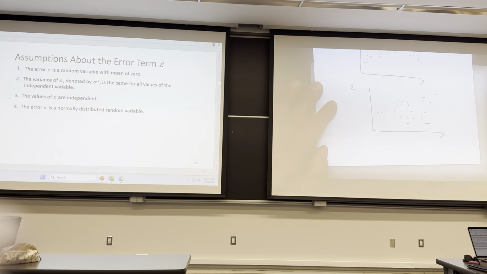Do you see any pattern? I see your error is increasing. As your x goes up, your error is increasing. These are systematic things, okay? So there is some deficiency in your model. You have to fix it. It should be less random. Now, other assumption is the error is normally distributed random variable.